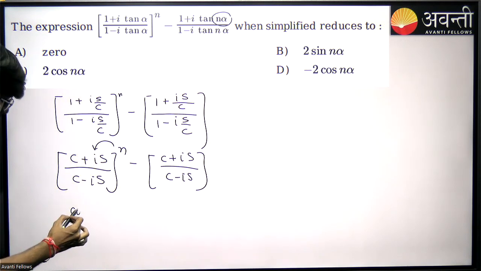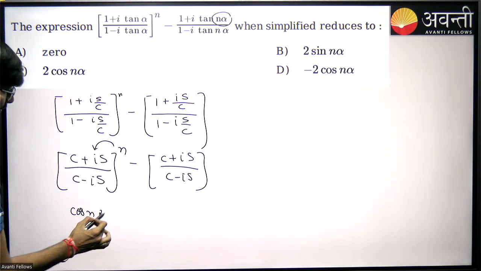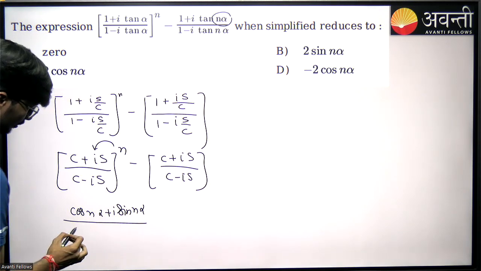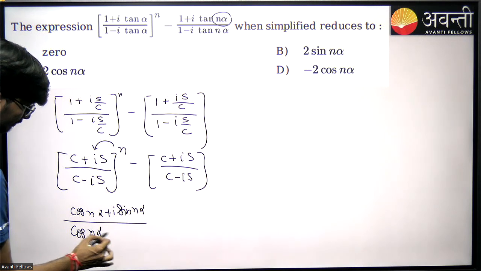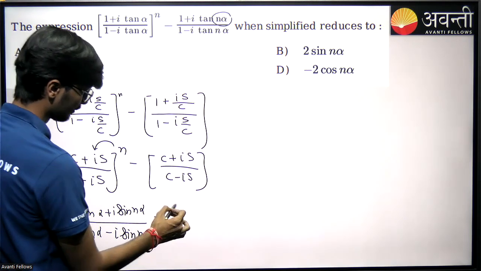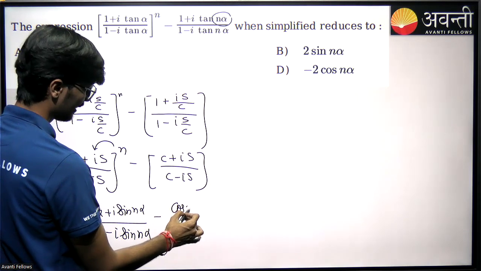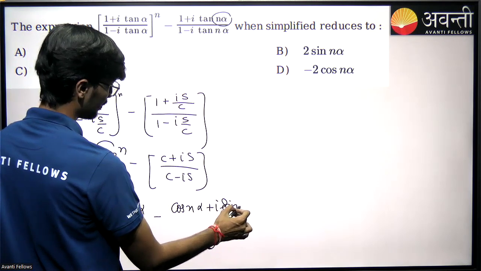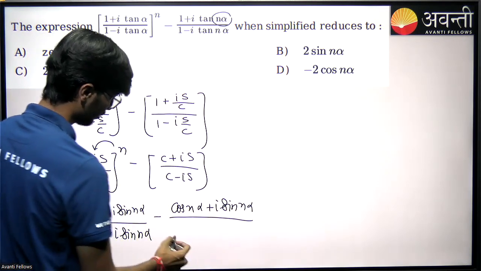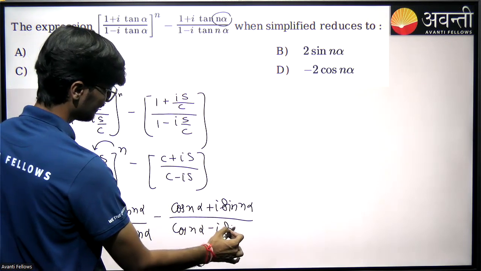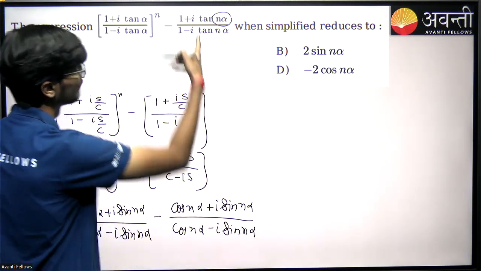So I'll get cos n alpha plus I sine n alpha upon cos n alpha minus I sine n alpha, minus, here it was already cos n alpha plus I sine n alpha upon cos n alpha minus I sine n alpha, because the angle was already n alpha.